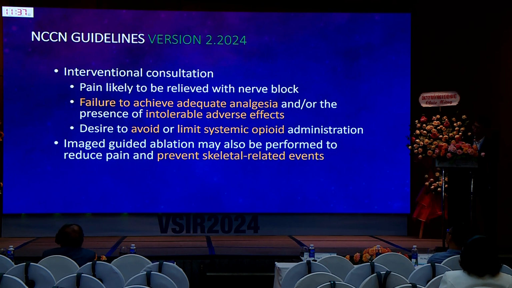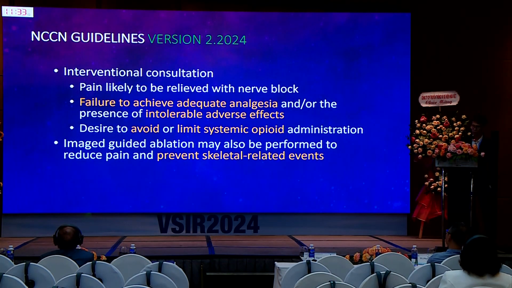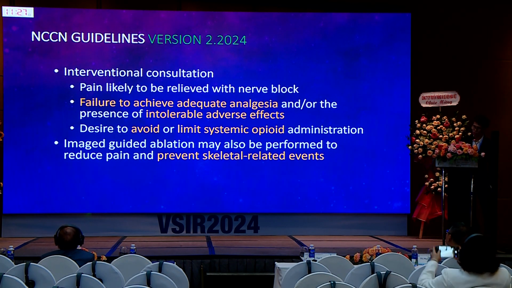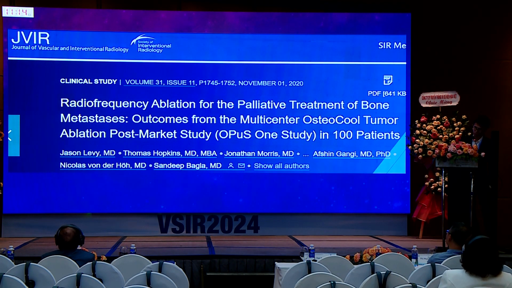In the NCCN guidelines for adult cancer pain, RF procedures can be used for failure to achieve adequate analgesia, when there are intolerable adverse effects, or when there's a need to reduce or limit opioid administration. Ablation can also be used to reduce pain or prevent skeletal-related events. This is defined as the need for surgery, the need for RT, and fracture.